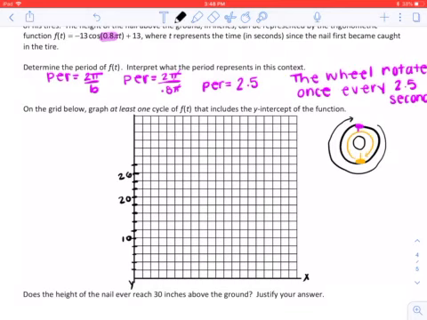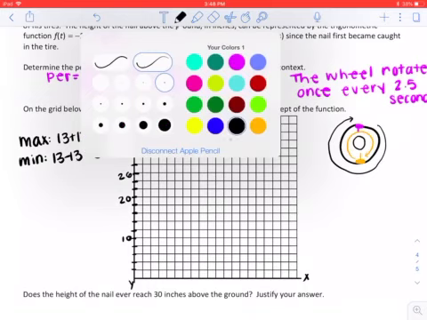I'm actually going to stop at 26 because I know that if my midline's 13 and my amplitude is 13, my max is 13 plus 13, which is 26. And my min, that's 13 minus 13, so that's 0, which is why I said we can't have any negatives here because we're talking real life measurement.